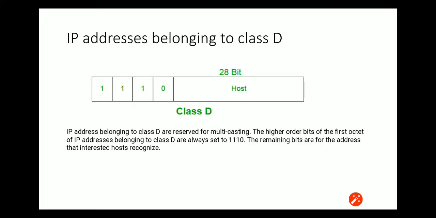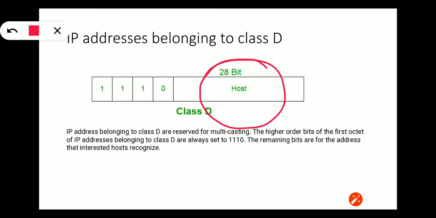Now class D, this is multicast addressing. We previously discussed what multicast is. In this class we have 28 bits of host addresses.